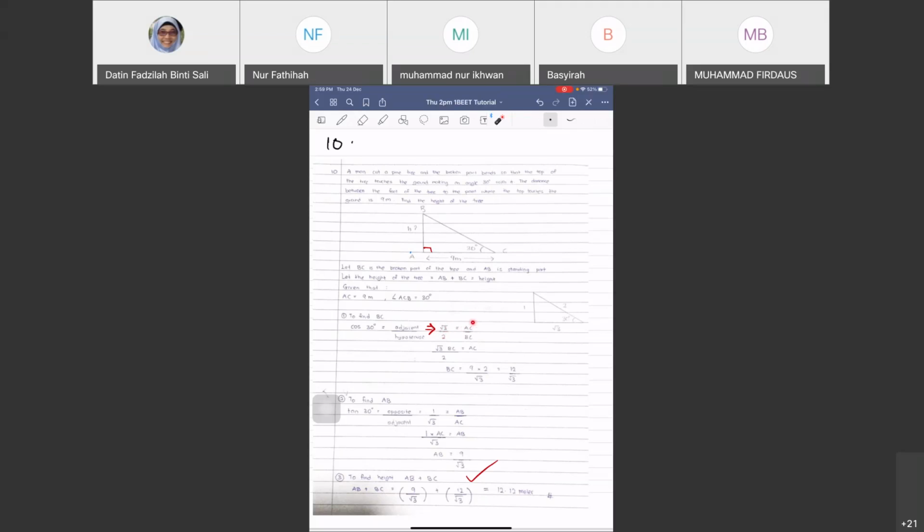So you have your adjacent, which in this case is AC. AC is 9. BC is the one that you want to find. So basically BC is your 9 times 2, and then over root 3. That's just a slight typo, I think.